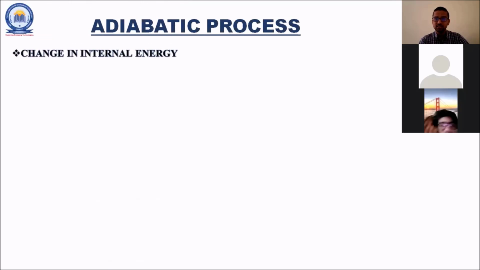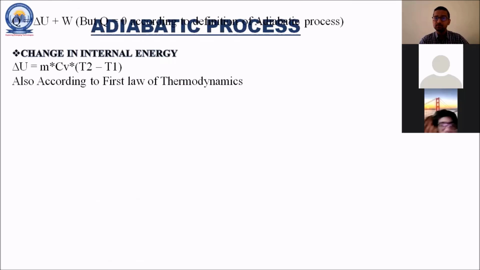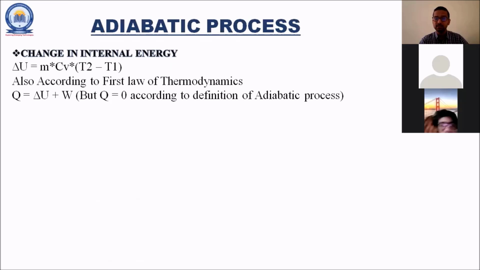Next, now the change in internal energy we have already understood and remembered that there is only one equation, that is delta U is equal to mCV T2 minus T1. Also, according to the first law of thermodynamics, we know that Q is equal to delta U plus W. But for adiabatic process, Q is equal to 0.